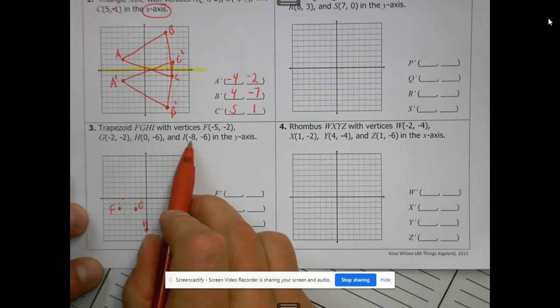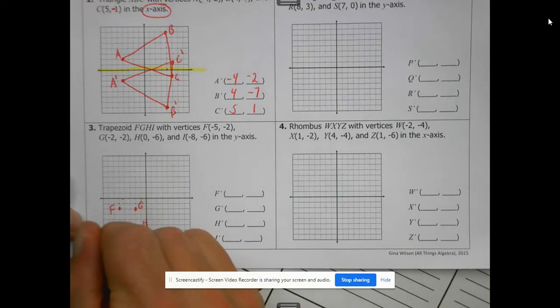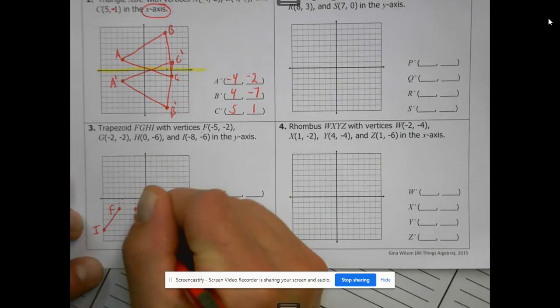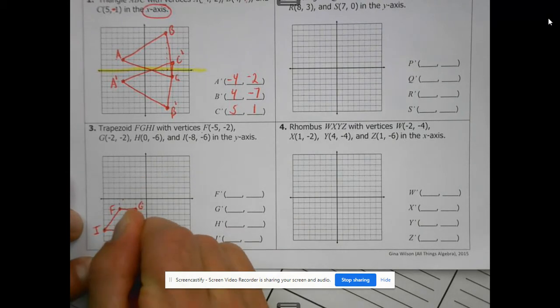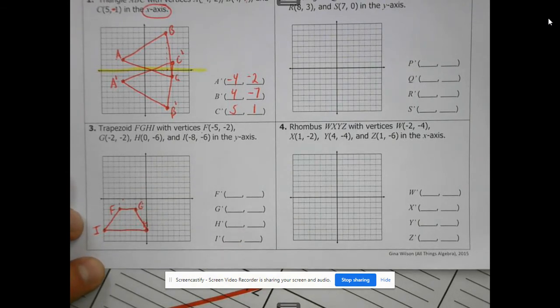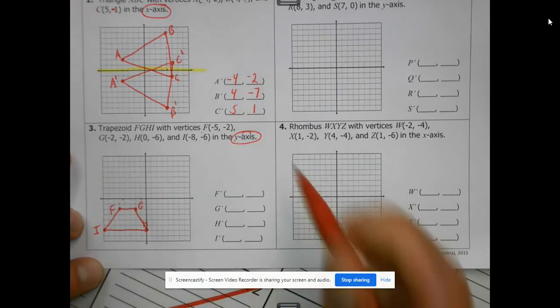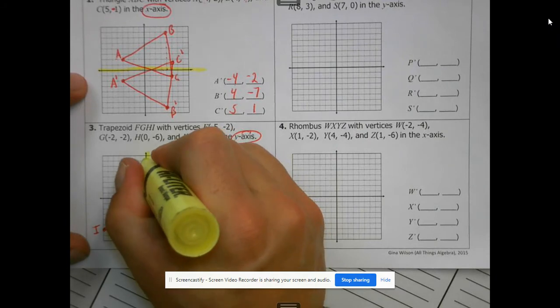And I is back 8, down 6. Connect your pieces, makes a nice trapezoid. Second step, figure out where the line of reflection is. In the directions, it tells you reflecting over the y-axis. I'm going to highlight the y-axis for us.